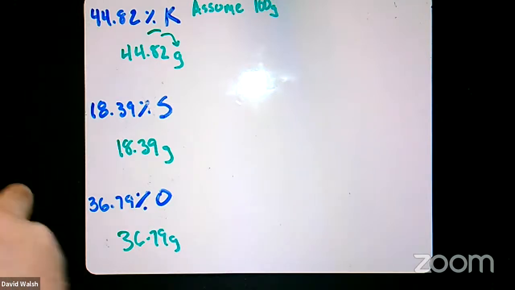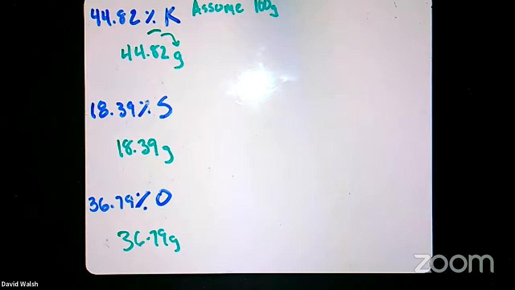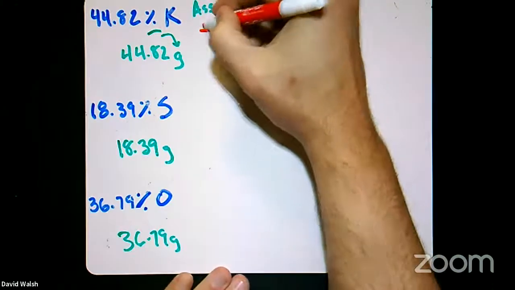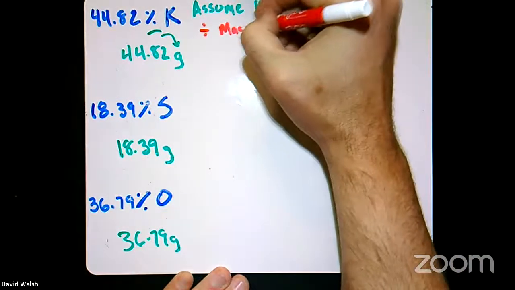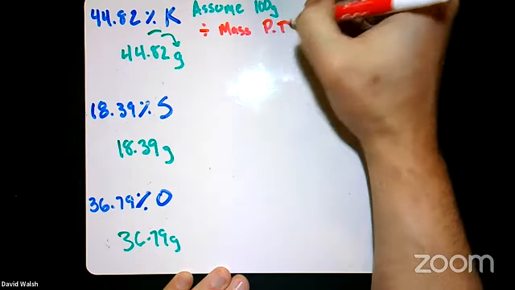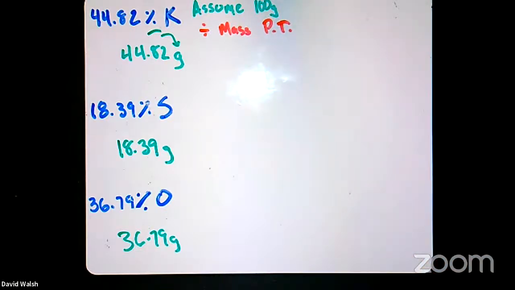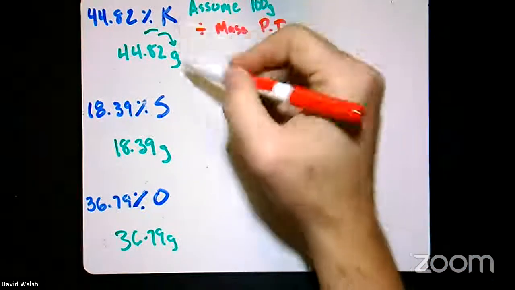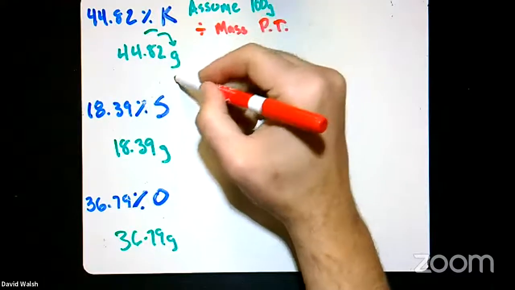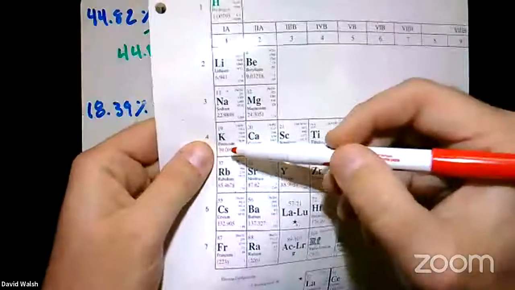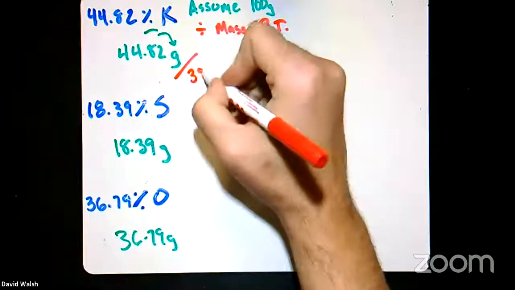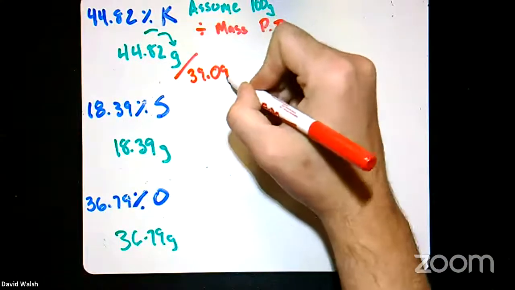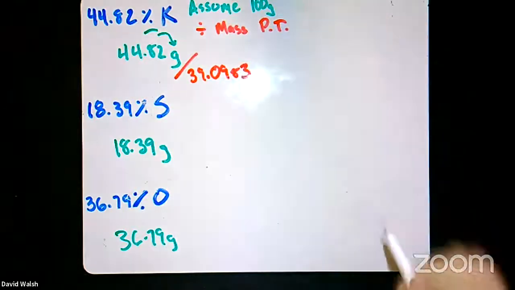Now, the second step requires a periodic table. We're going to divide by the mass on the periodic table. So we have potassium here. We're going to take 44.82 grams and divide by the mass on the periodic table. Potassium is 39.0983.